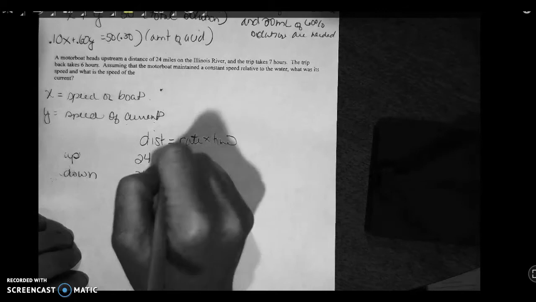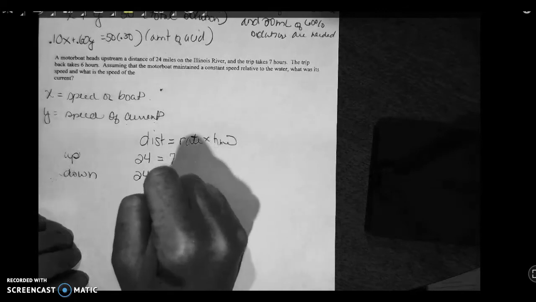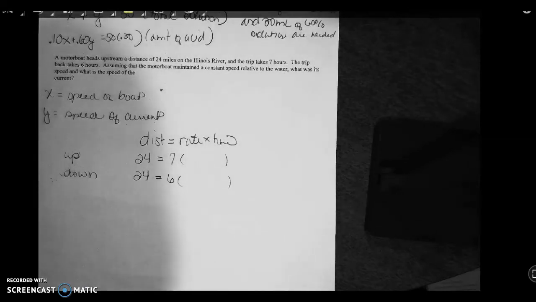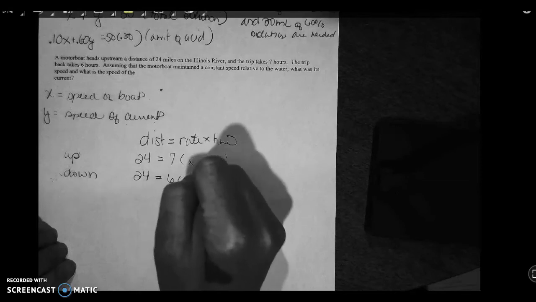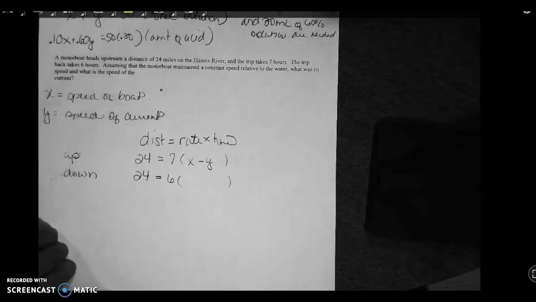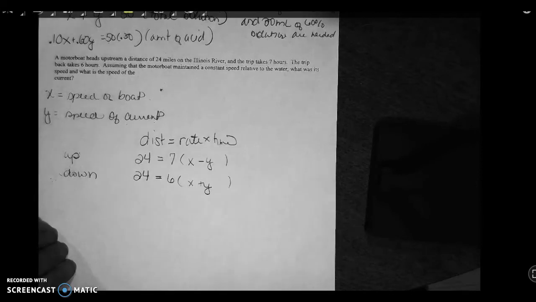Going upstream, our time is 7, going downstream, our time is 6. But rate is where we have to think a little bit about. If we're going upstream, the current slows us down. So we would take the speed of the boat and subtract the current. Going downstream, it's going with us, so we would be adding.